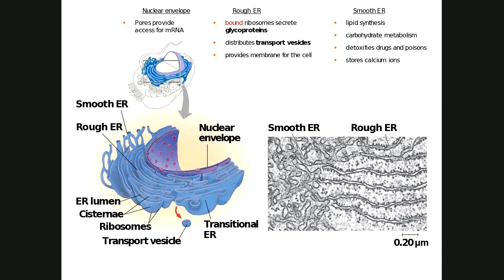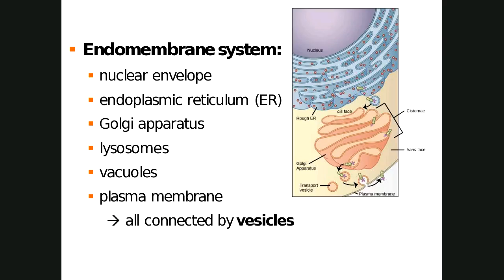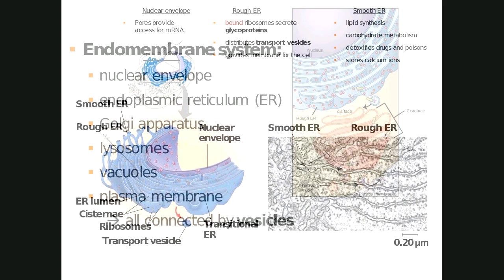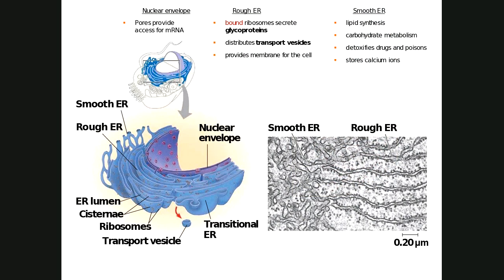Because if you're looking at it, it looks like all the membrane would eventually end up on the plasma membrane. See, all these things are pinching off. It would almost look like all of the membrane of the cell would eventually end up on the plasma membrane, but there are mechanisms that bring membrane back into the cell. So that's why it's an endomembrane system.